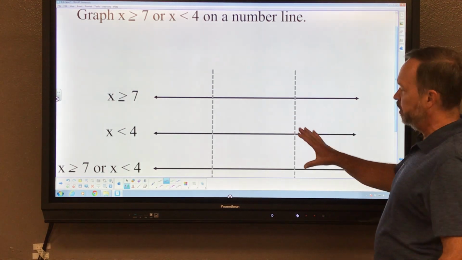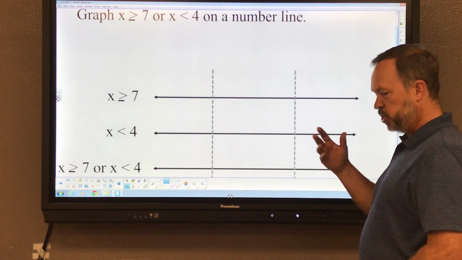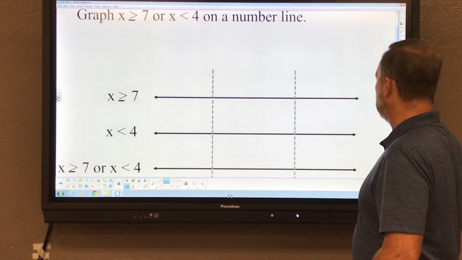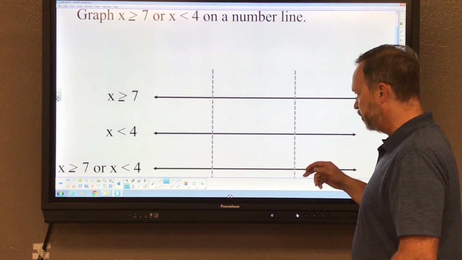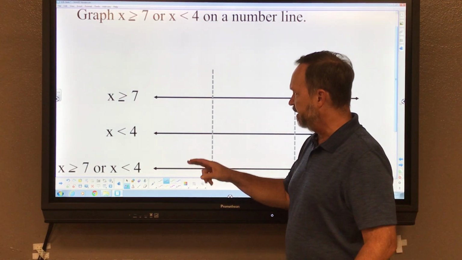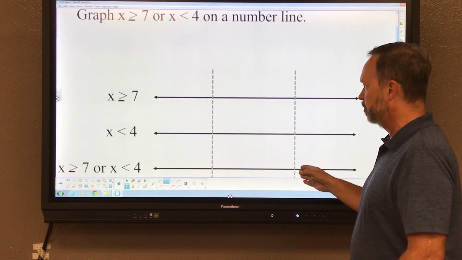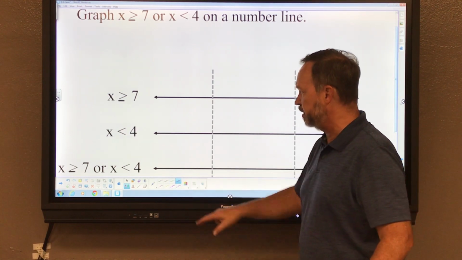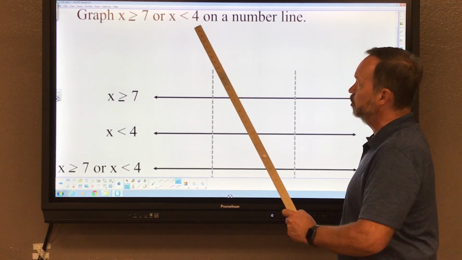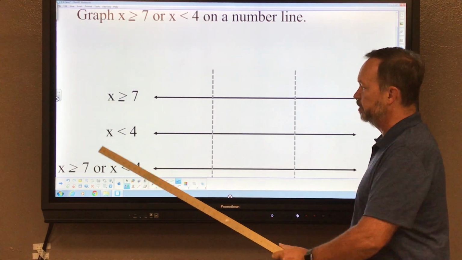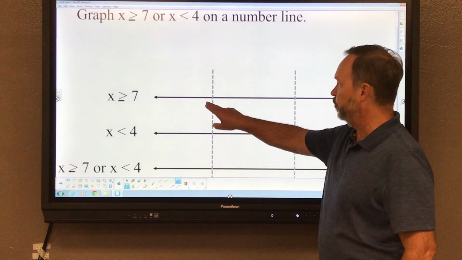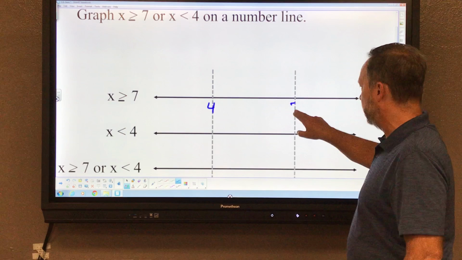So I've got these three number lines just to help us find this, which works in a simplistic way. And I've taken those number lines and put a couple of dotted vertical lines here. The reason is because you can see here we have two important numbers, 7 and 4. So 4 goes here and 7 goes here.